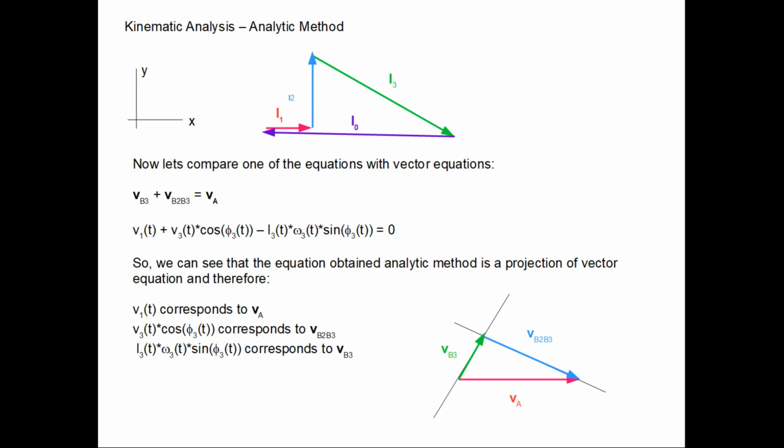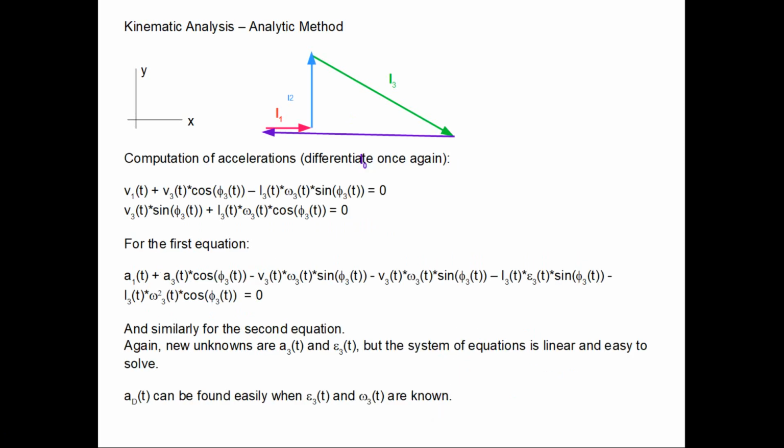Also, you'll see that it is even more helpful in the case of the accelerations. Okay, so now after this we take the equations for velocities which are given to us on the slide, and we differentiate them once again.